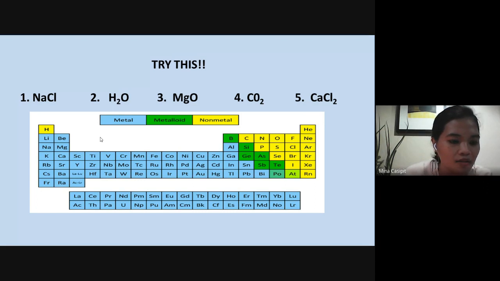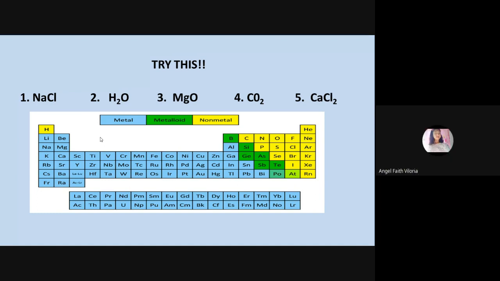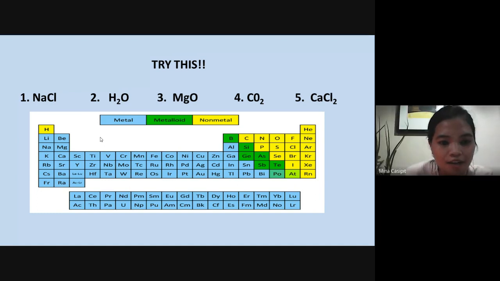Naintindihan po ba? Sino yung may mga tanong? Please raise or click the raise hand button if you have some questions regarding with this exercise. Wala po? Is everything clear to you, class?